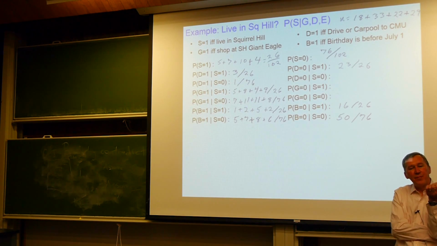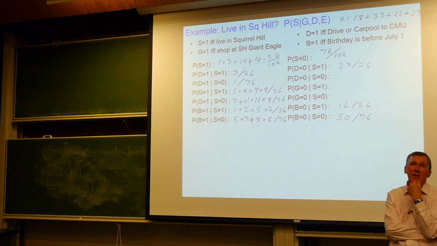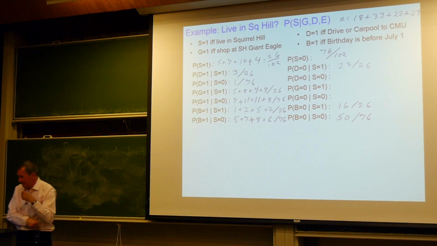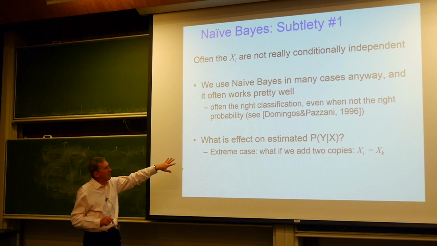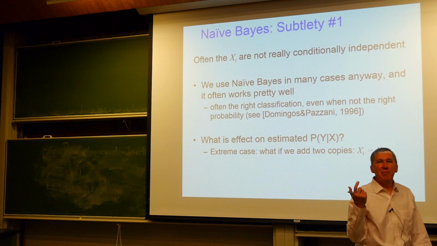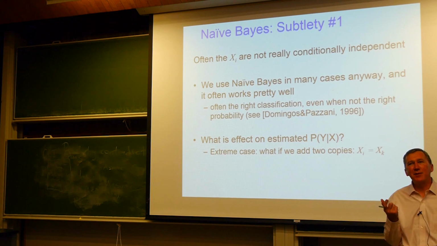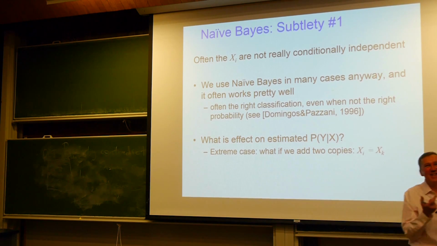But it is true that if we have variables that are not conditionally independent and we make that assumption, then we're misestimating the real probabilities involved. So, for example, in the extreme case, suppose I had made up two variables. B1 for is your birthday before July 1st, and B2 for is your birthday July 1st or later.